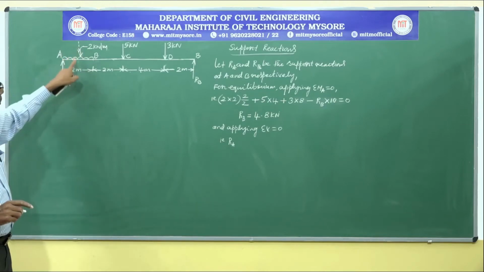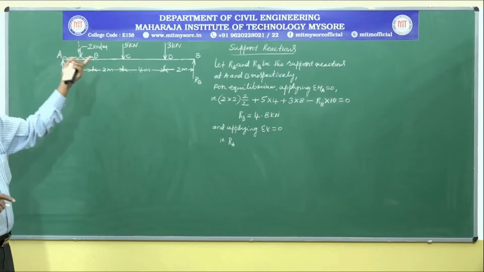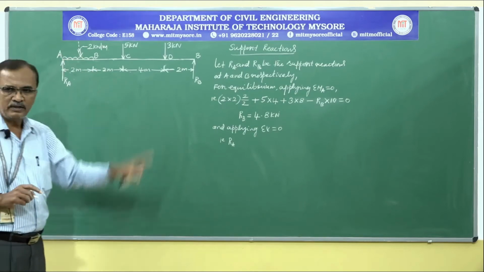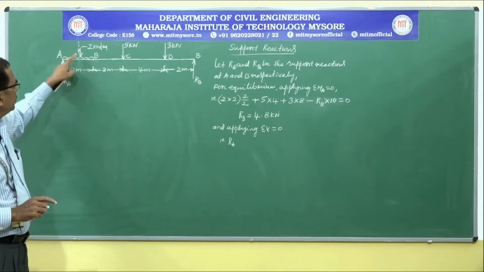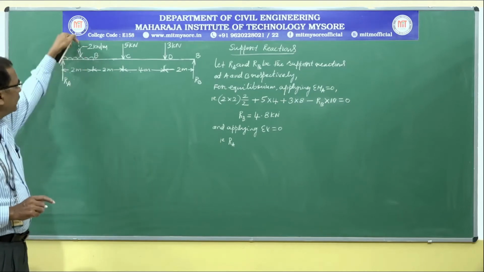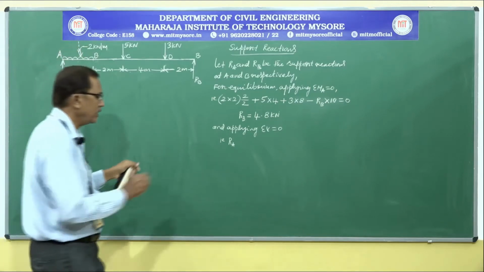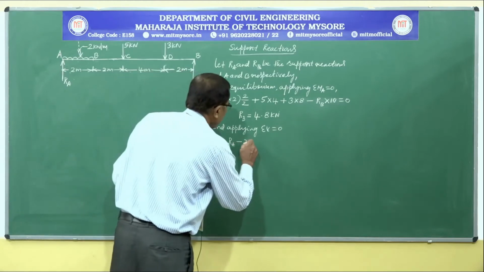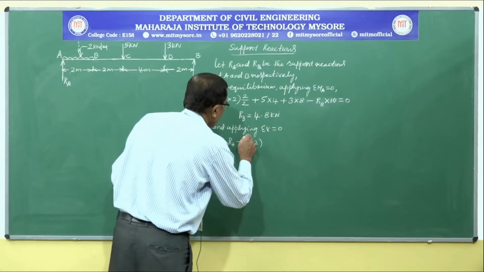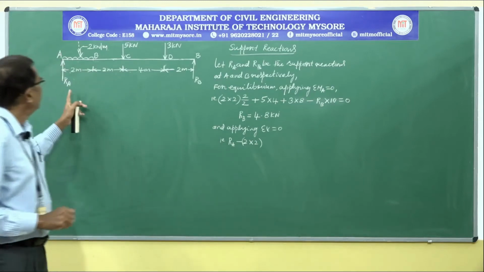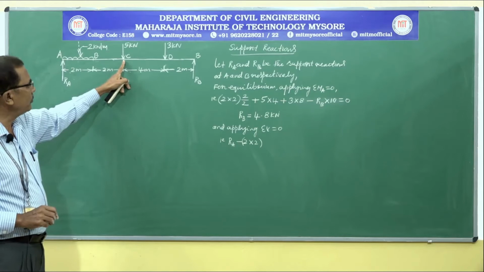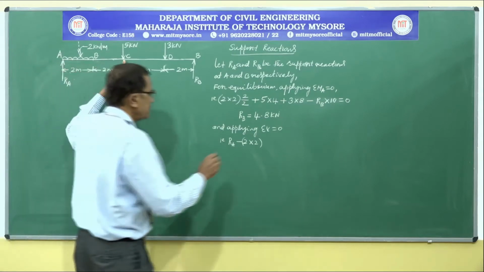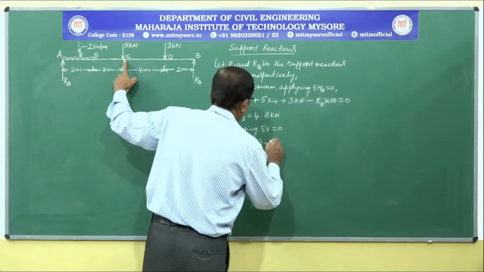Where it is acting is not required now, when we consider the vertical force equilibrium condition, we want only direction. So 2 into 2, 4, acting in the downward direction, hence it is negative, minus 2 into 2. Next, consider this 5 kilonewton point load acting in the downward direction, that's also minus 5.